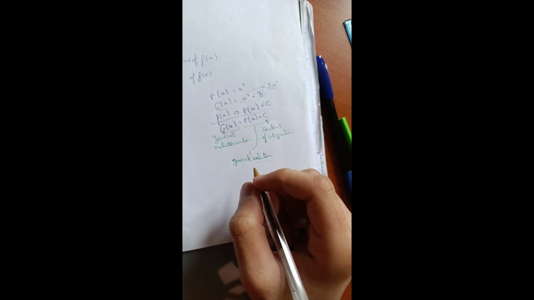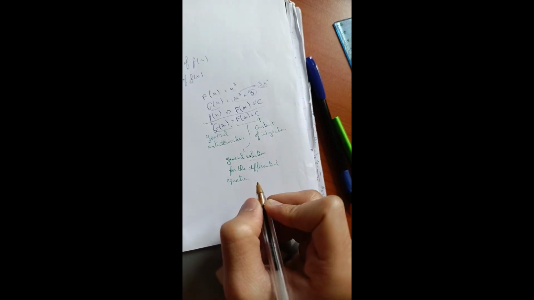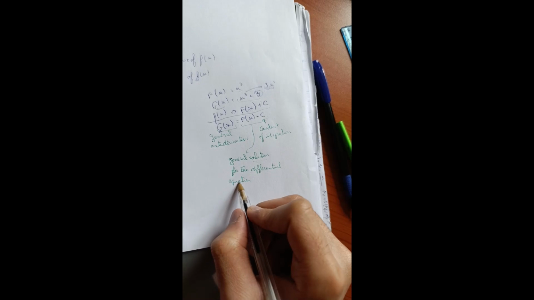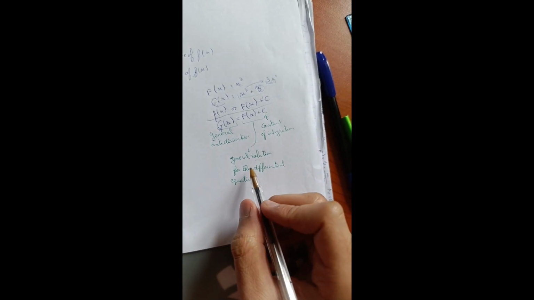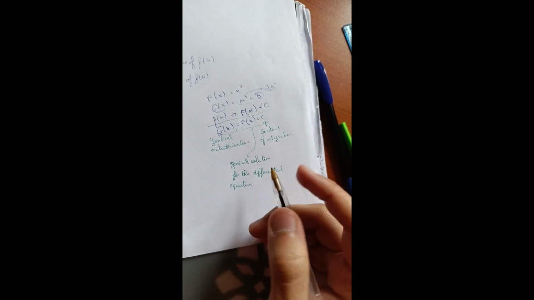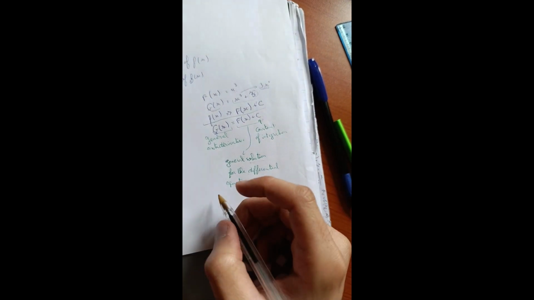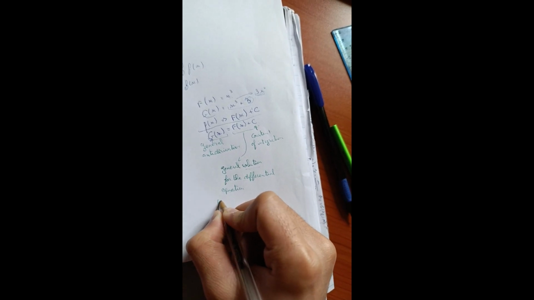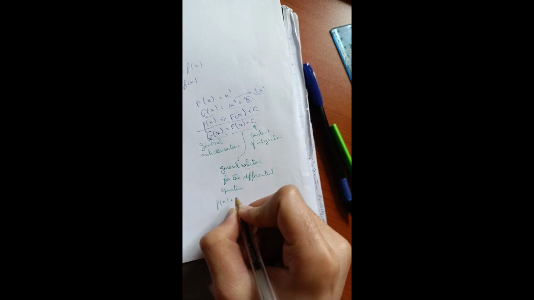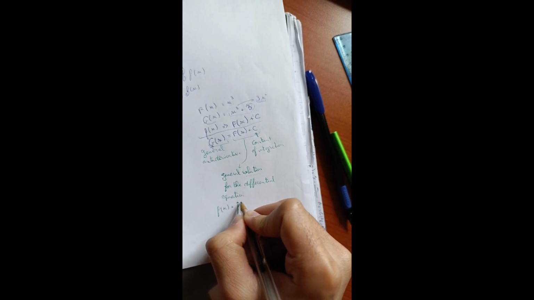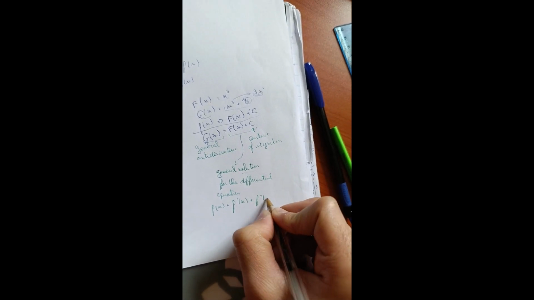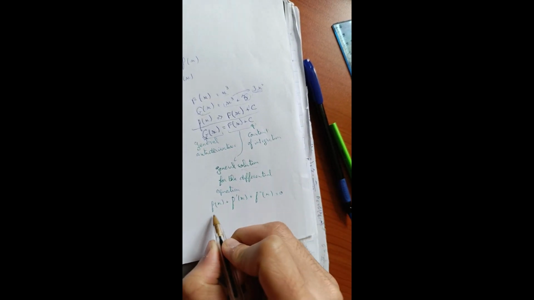What is a differential equation? A differential equation is an equation that involves f of x and its different derivatives. Let's say that we have f of x plus f prime of x plus f second prime of x equal to 0.